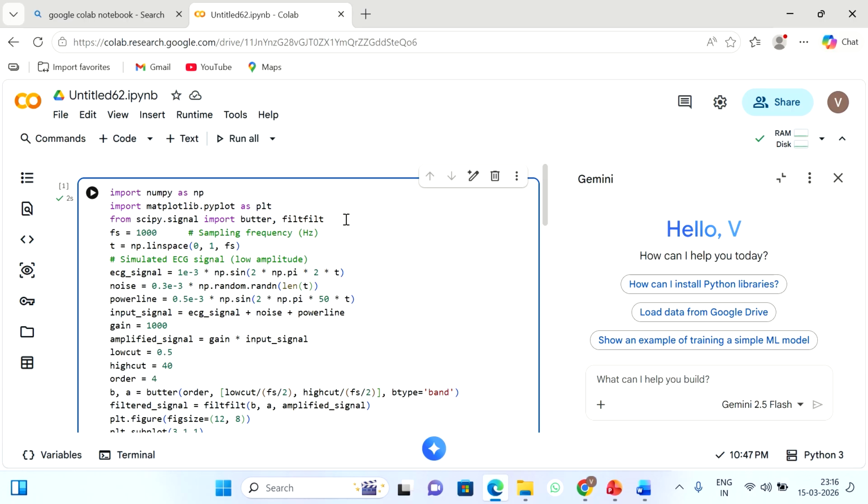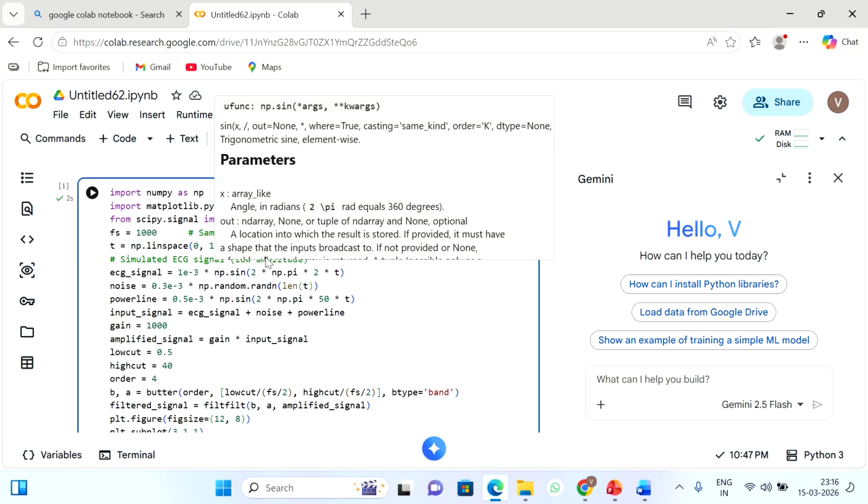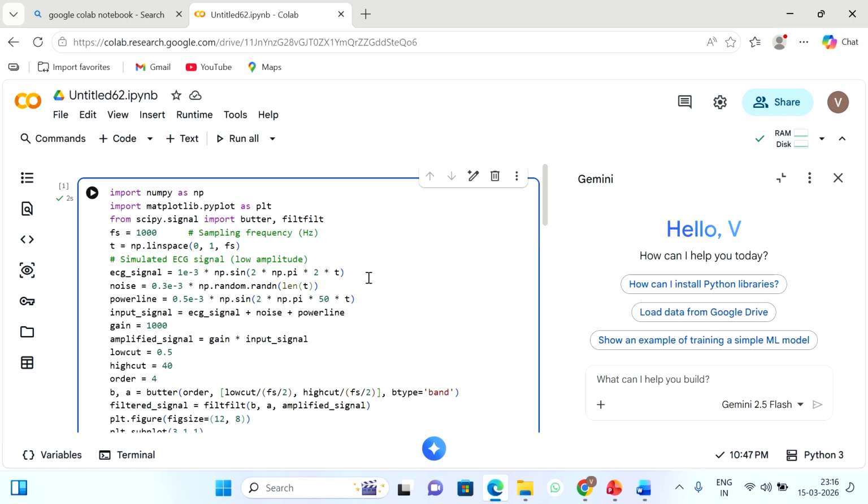And then sampling frequency, we know it is 1000, the number of samples taken per second. So the time axis starts from 0 and ends at 1. This 0 to 1 is divided into many parts based on the sampling frequency, with equal and uniform time interval between any two points.